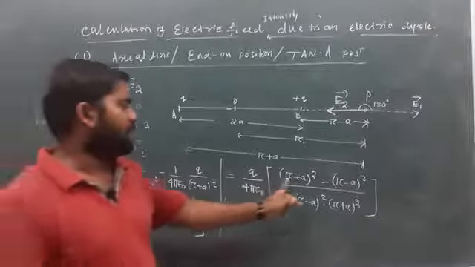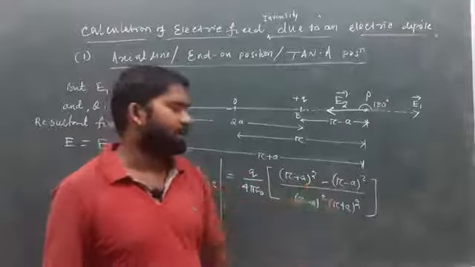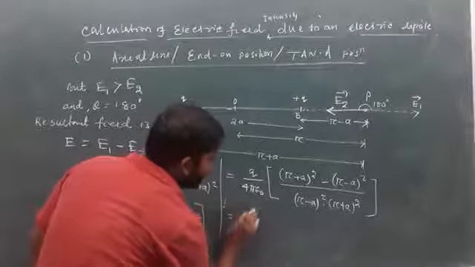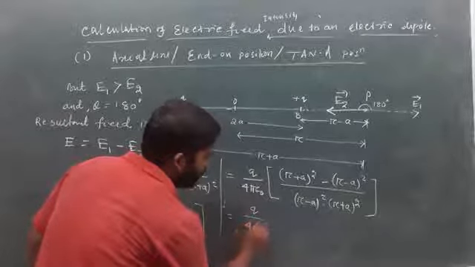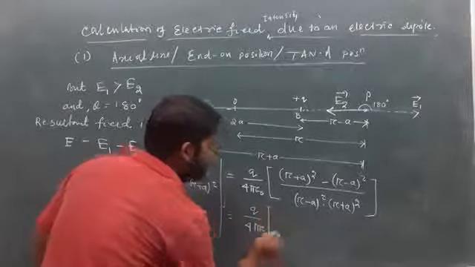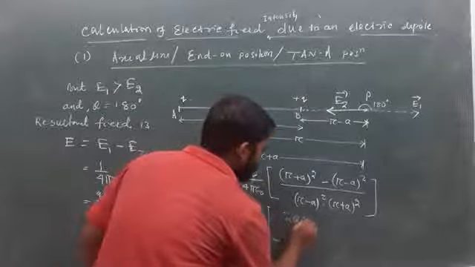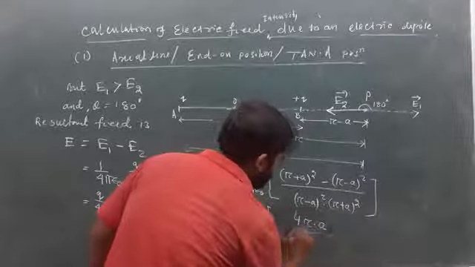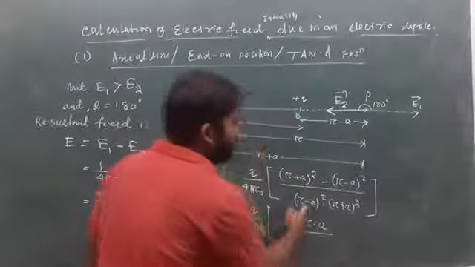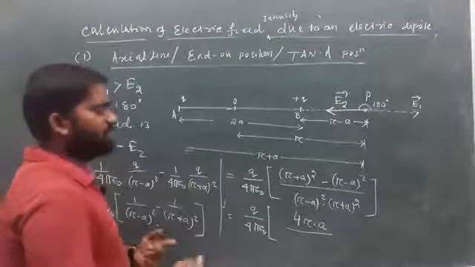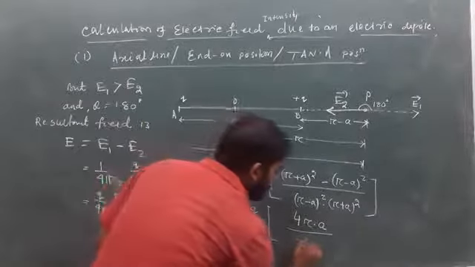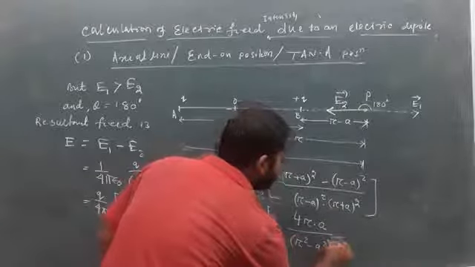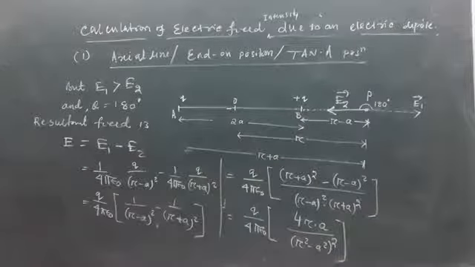So (a plus b) square minus (a minus b) square will be 4ab. So q divided by 4 pi epsilon naught, times 4ra divided by (r plus a) square into (r minus a) square, which means (r square minus a square) whole square.